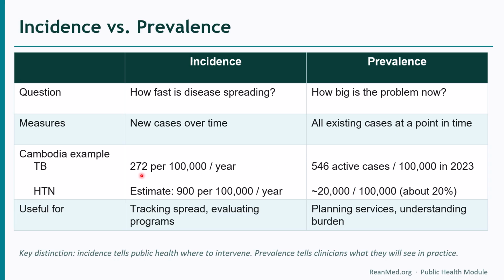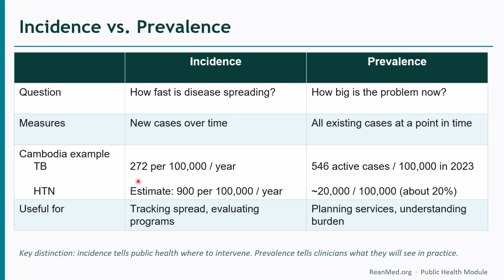And this could be because we are treating them. So when they get a new active case, we treat it so it doesn't last a very long time. Or it could also mean that people are getting better by themselves, or that they are dying, because then when they die, they are no longer an active case. And so that would reduce the number of active cases.